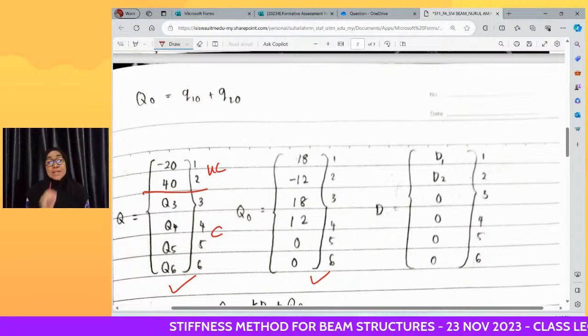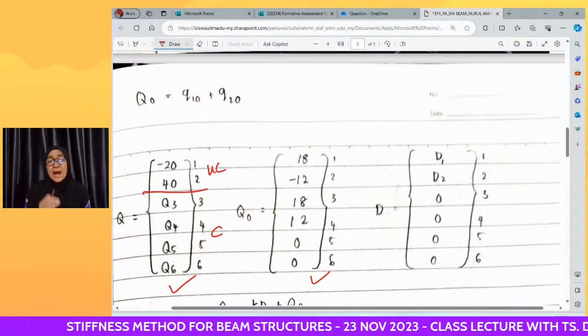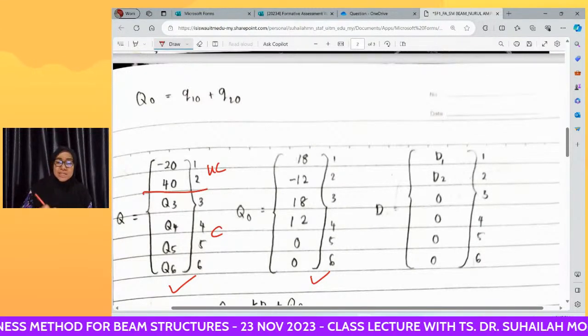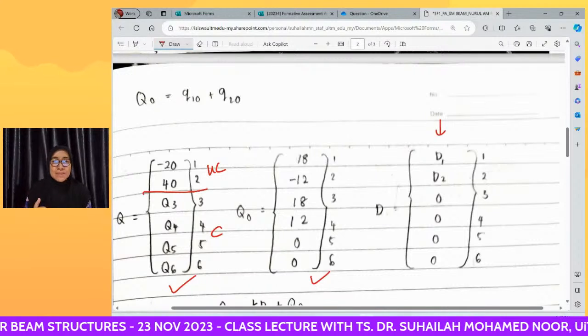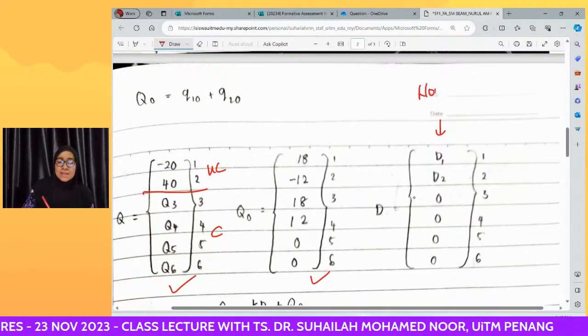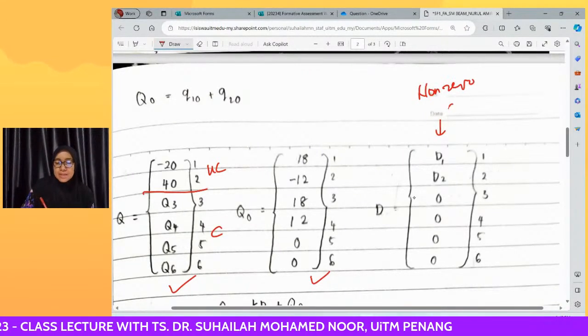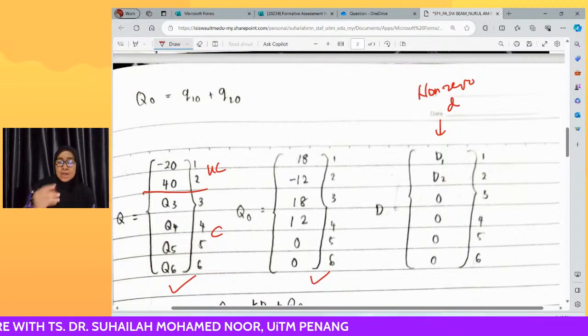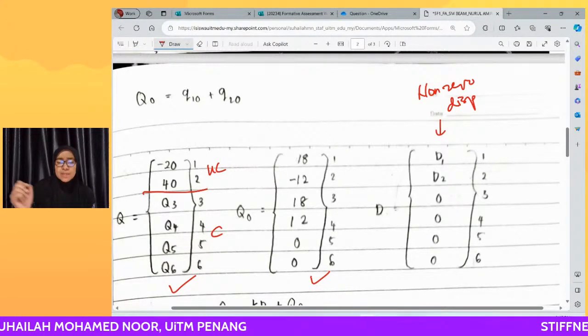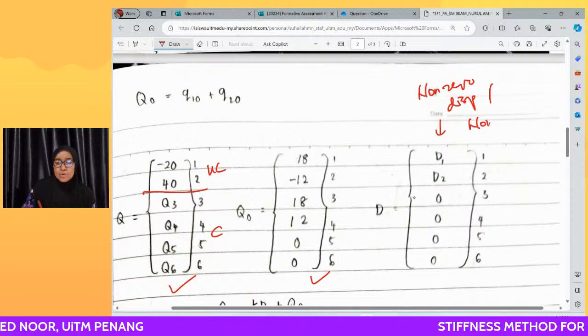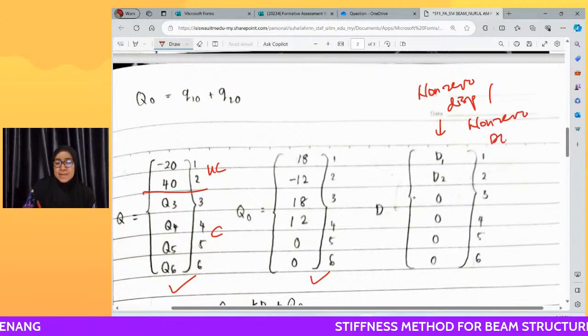D1, D2 are the unknown displacements. This unknown displacement is sometimes called non-zero displacement, or sometimes non-zero degree of freedom.